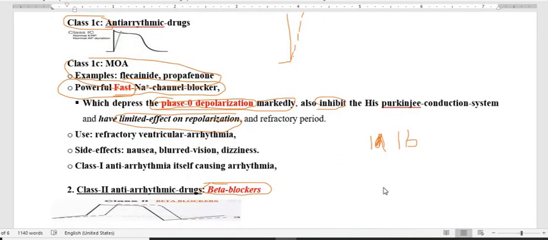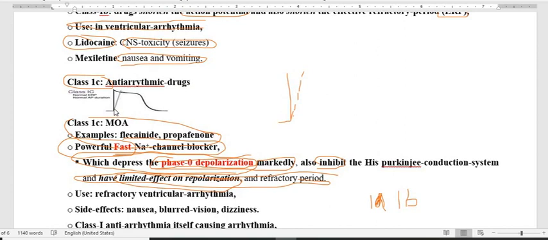Now 1C has no effect or rather limited effect on repolarization, and its effect is mainly because of its powerful effect as a fast sodium channel blocker. So sodium channel entry gets delayed and it prolongs the depolarization phase, and now we get the graph like this.